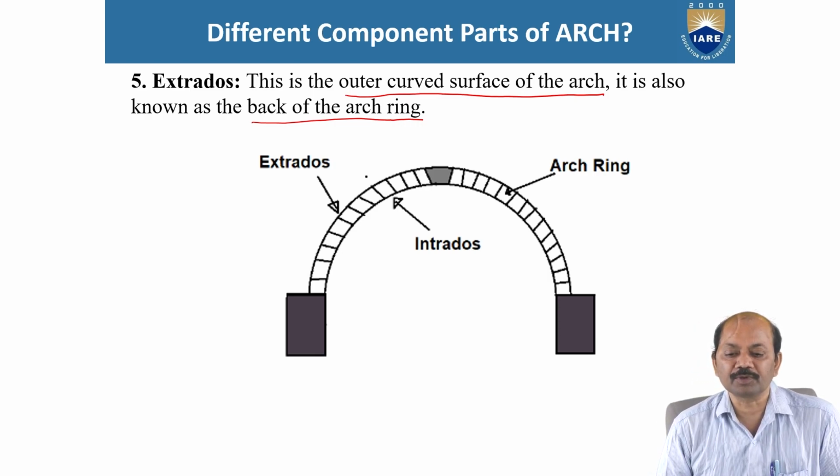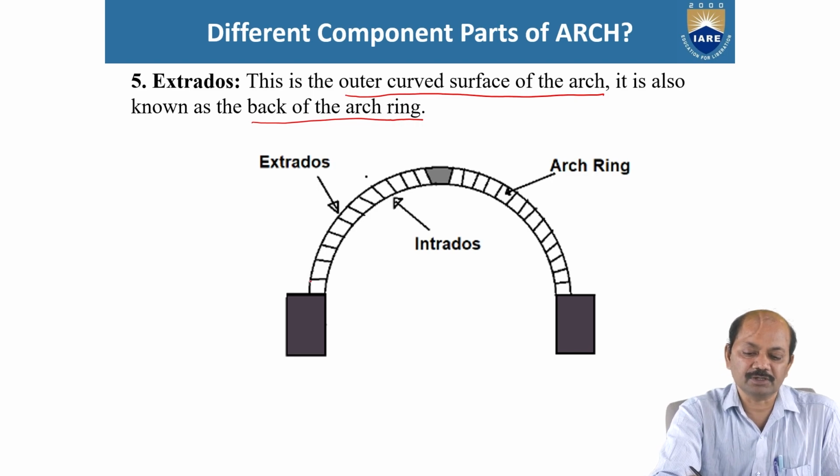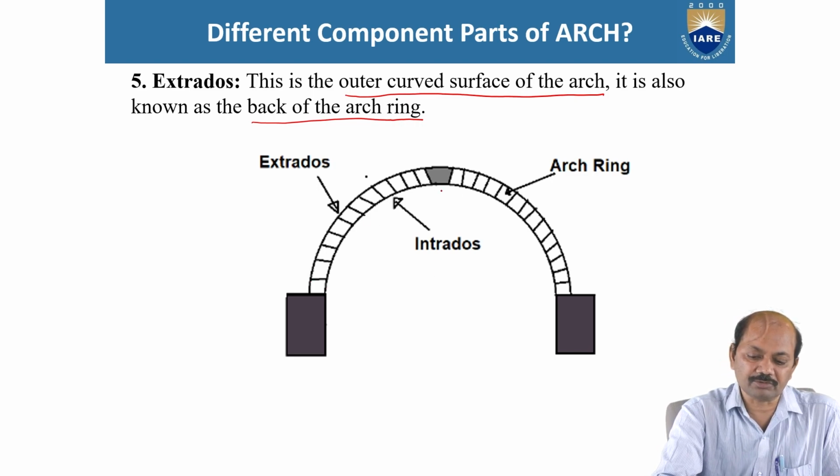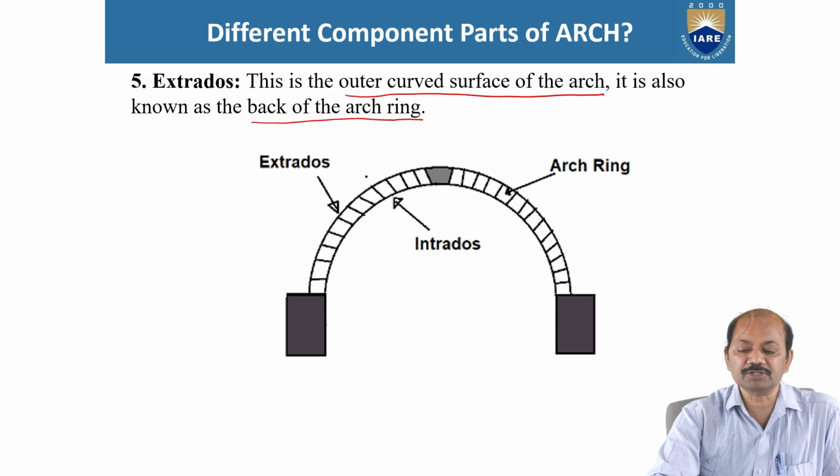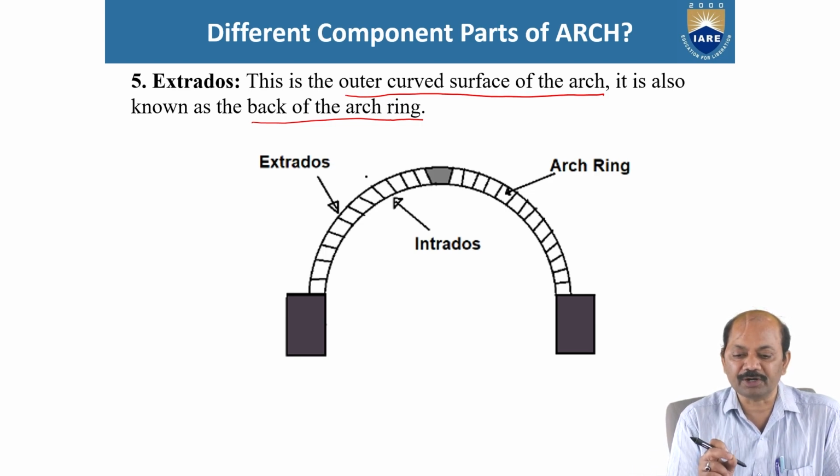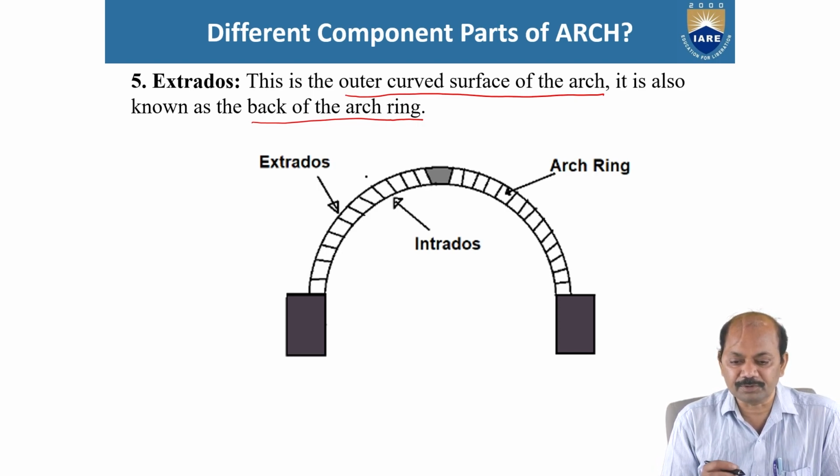Extrados is the outer curved surface. Intrados is the inner curved surface. Another name for extrados is the back of the arch ring. In the exam, if the back of the arch ring is mentioned, you should understand that it is extrados.